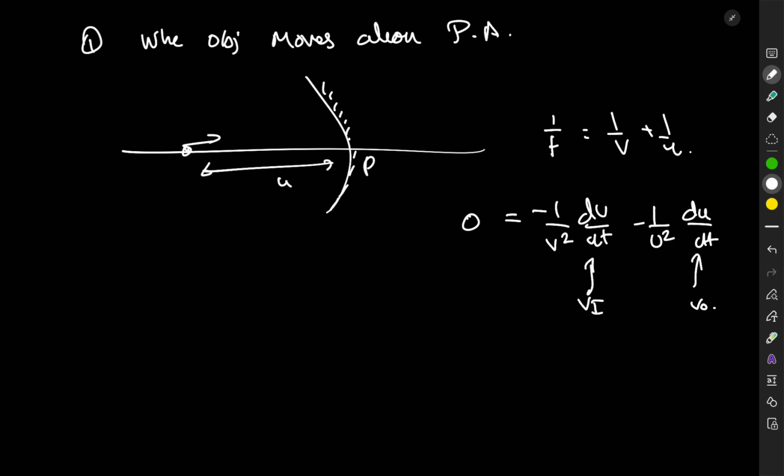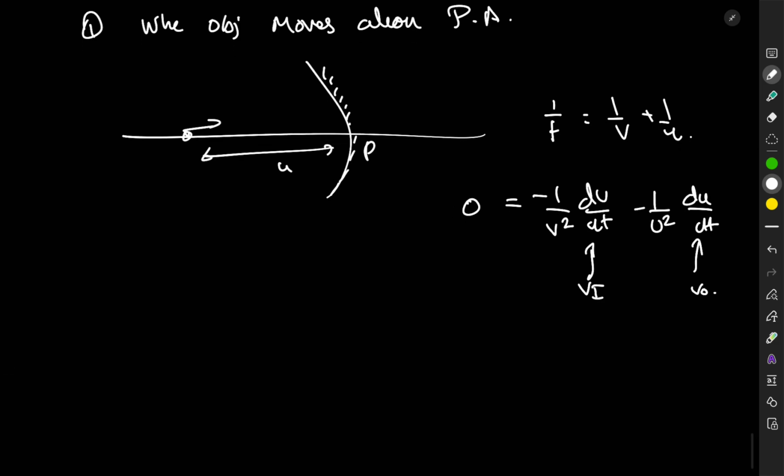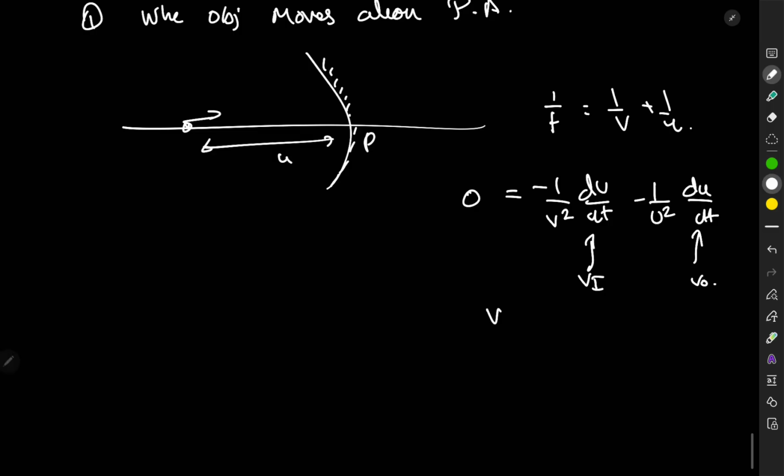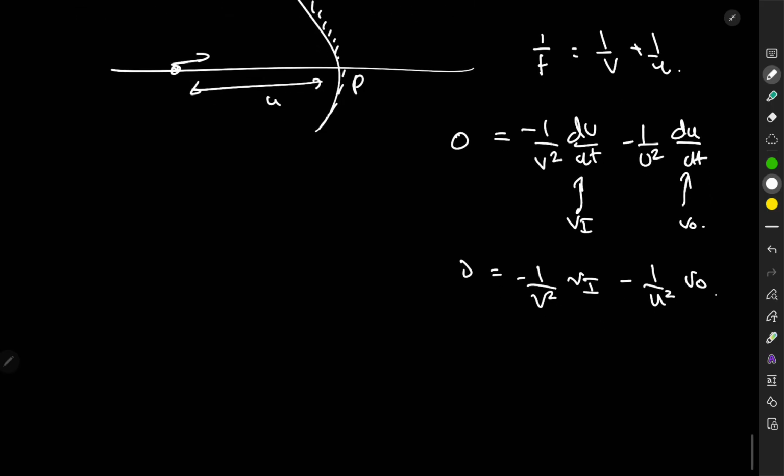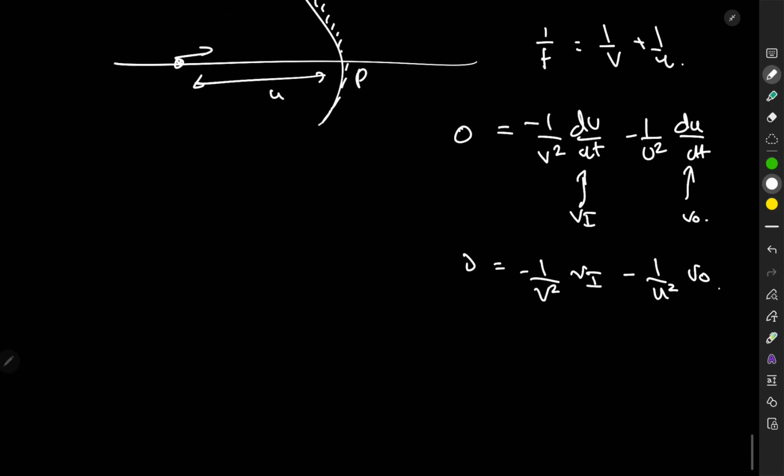So manipulating it a bit. So velocity of image by, let's convert it first so that no confusion occurs. Velocity of image is minus 1 by u square velocity of object. Fine.